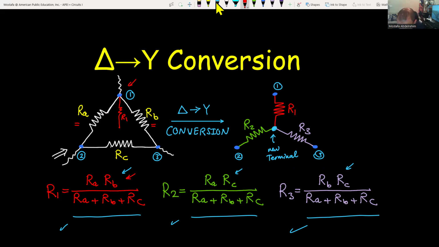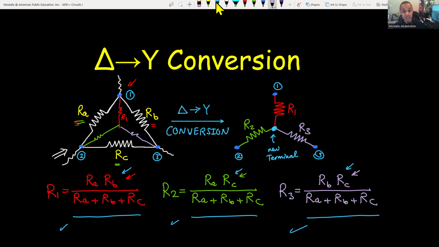How about R2? R2 is connected to the terminal number 2, which is between RA and RC. That's why in the numerator here you have RA multiplied by RC. How about R3 with the same concept? This is R3 now. It is between RB and RC. That's why in the numerator you have RB multiplied by RC.